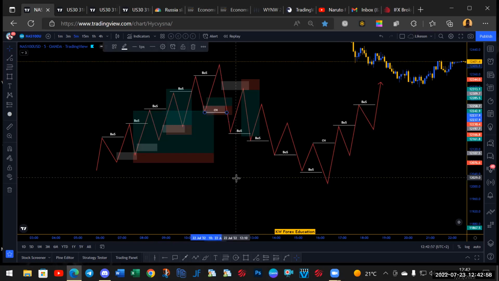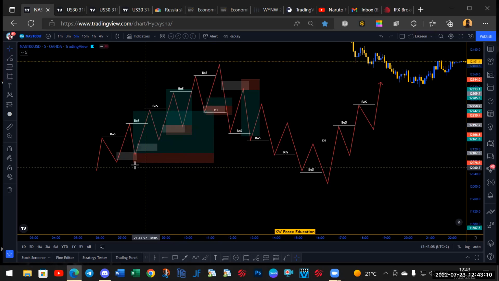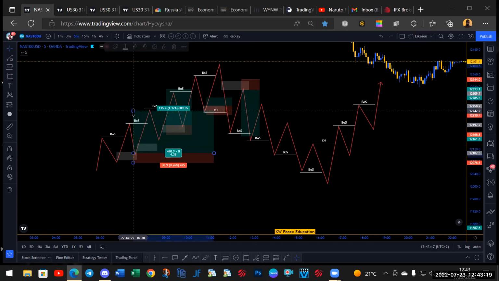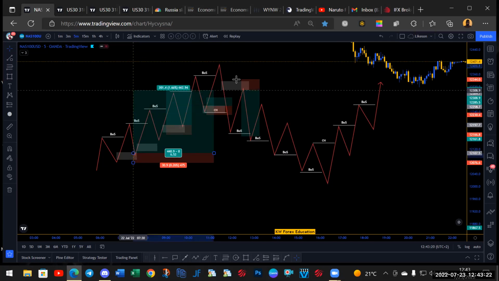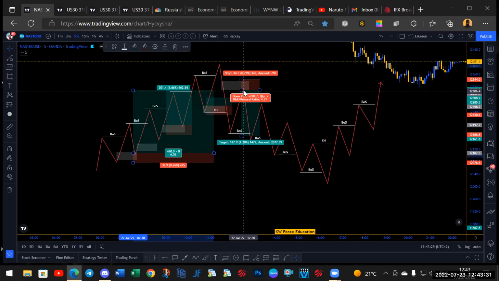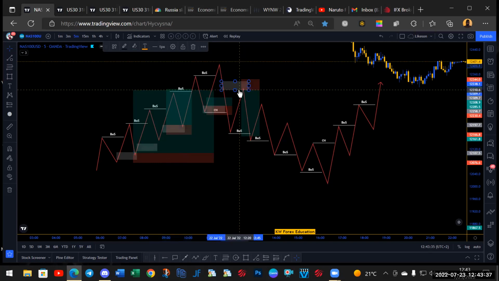Or you can close half of your trades and put the remaining ones on break even, and make them target your new supply here, because even if the market has made the change of character, it still needs to go back and mitigate that new supply. That is where you would finally close your trades.